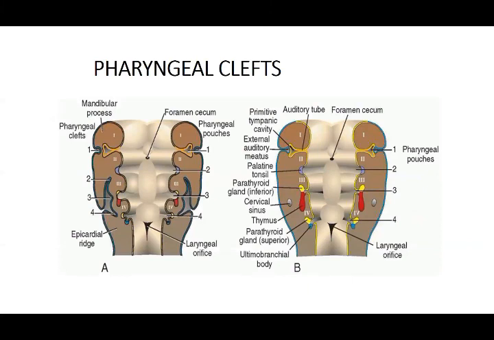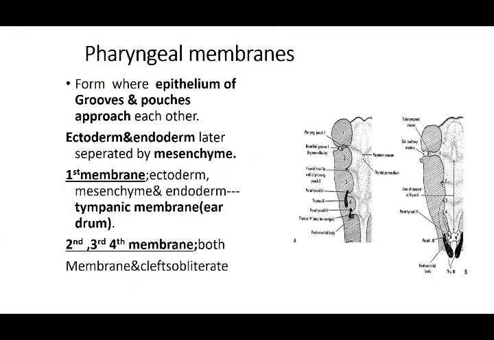And if you see in this portion, this is the first cleft, where it is written blue, on the outside. Then there are the pharyngeal membranes. These are where the epithelium, grooves, and pouches approach each other. The cleft on the outside is ectoderm, the pouch on the inner side is endoderm, and the portion in the center is mesenchyme.